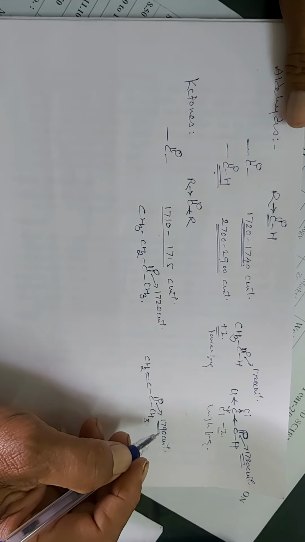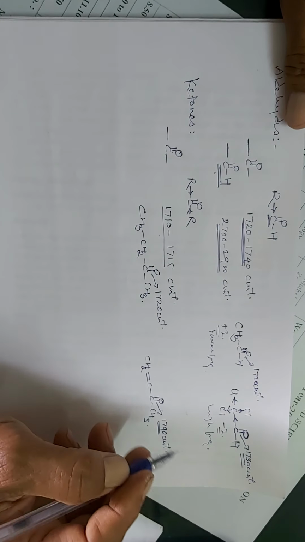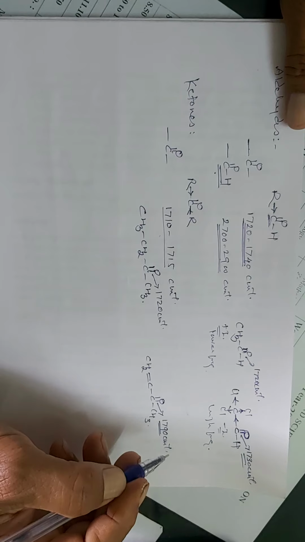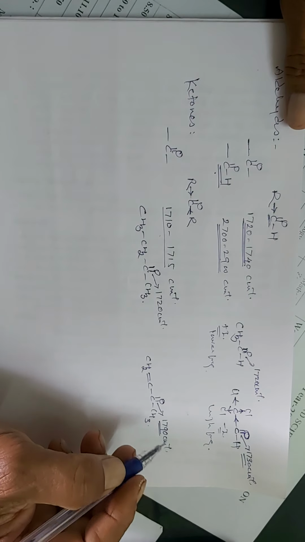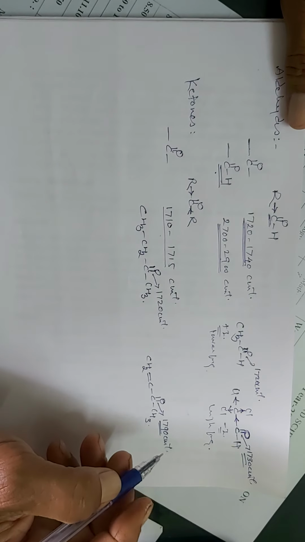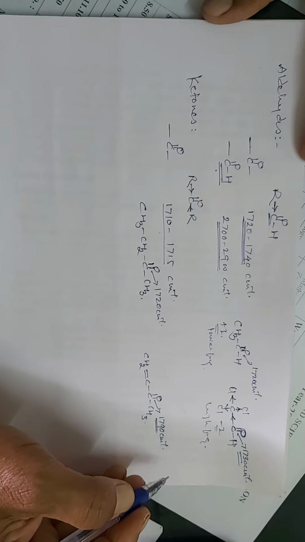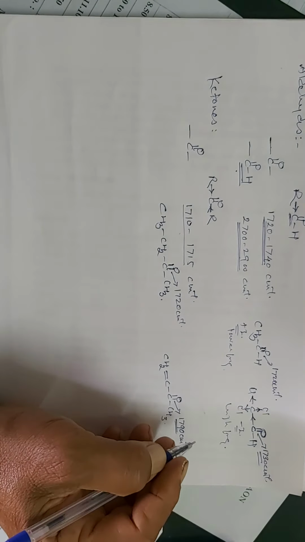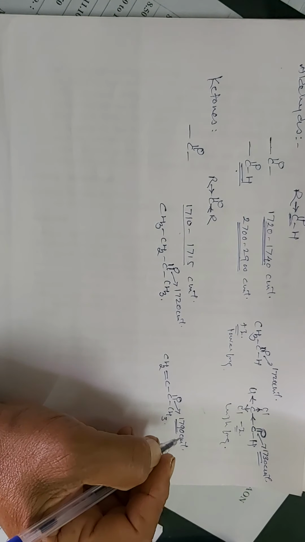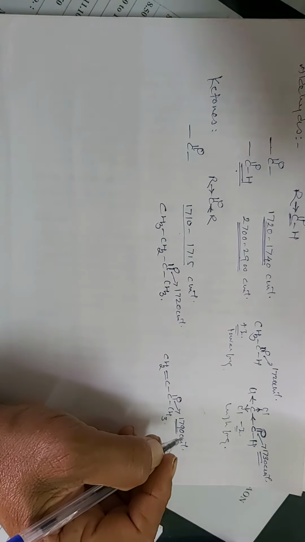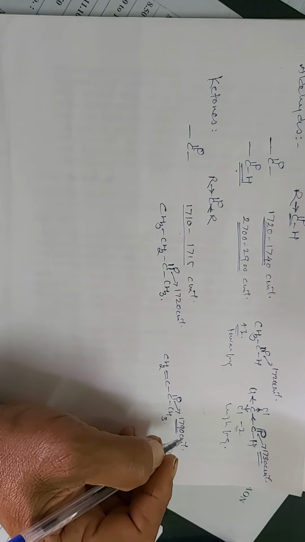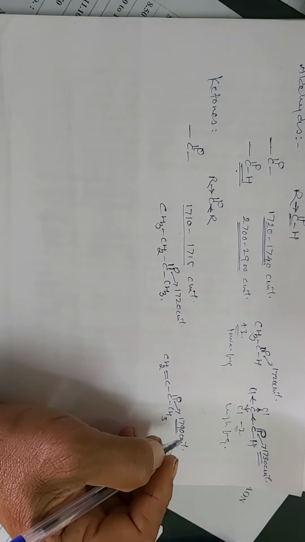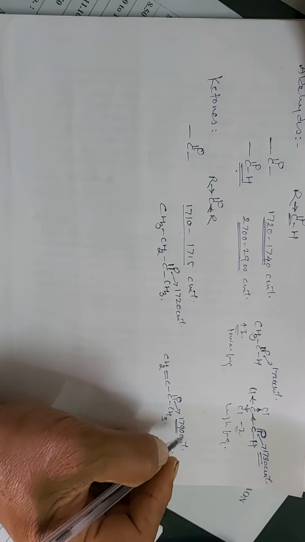So the conjugation will shift it towards a lower frequency, not towards the higher frequency, because in conjugation the shifting of the group lowers the frequency.